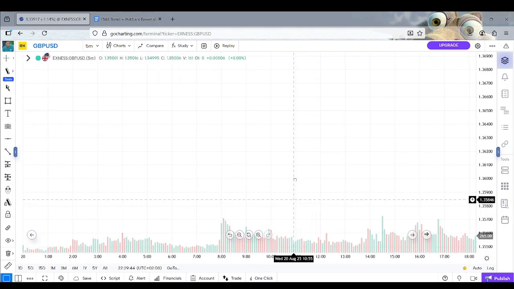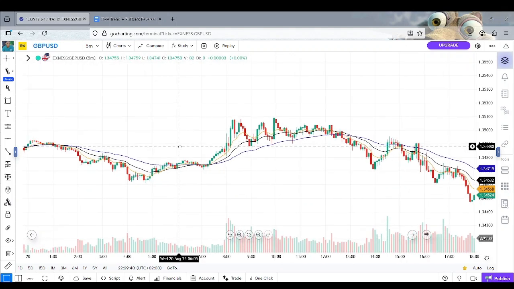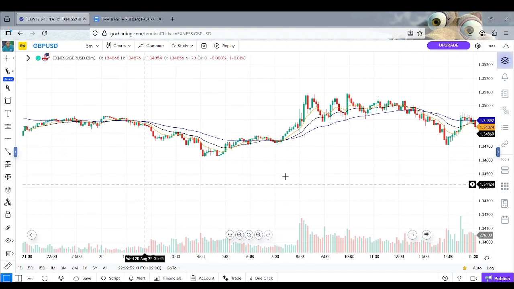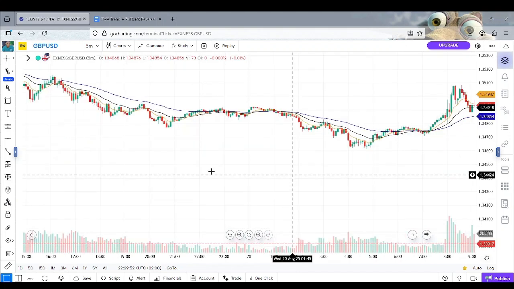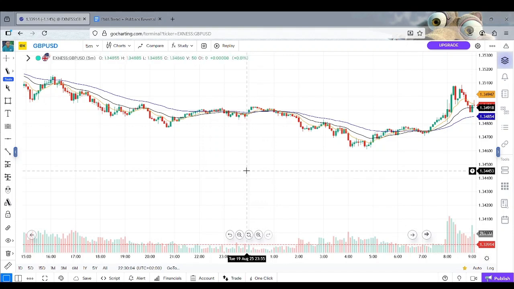Okay, 28th of August. We started at midnight, although that's not really when we trade, because again we trade from 10 a.m.